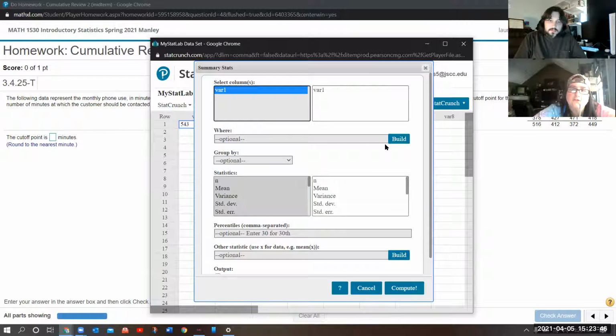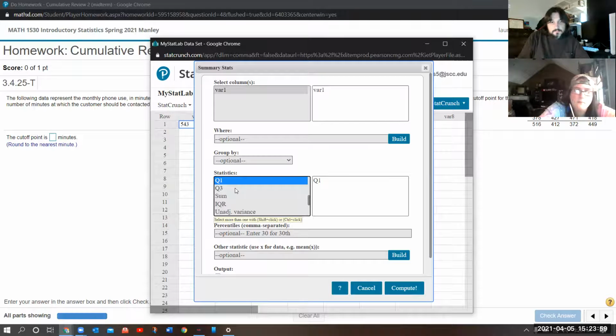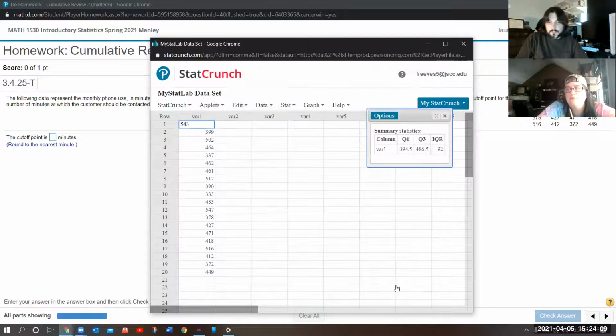Now, something you're going to want, three things specifically. You'll want quartile 1, quartile 3, and the IQR. Technically, if you're finding the IQR, you don't really need quartile 1 or quartile 3 either. But, well, yeah, you would.